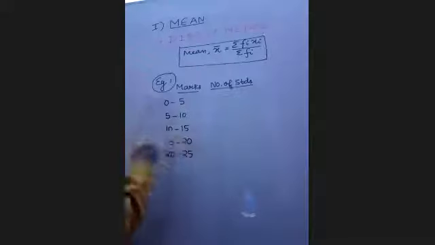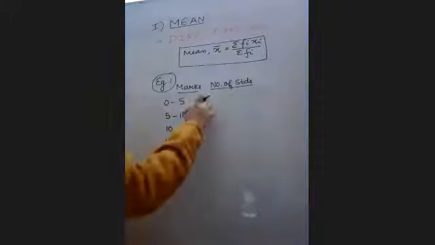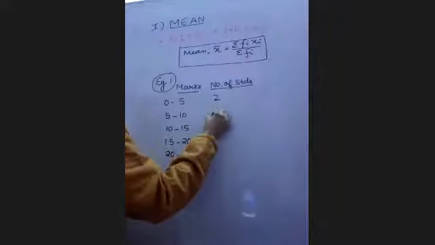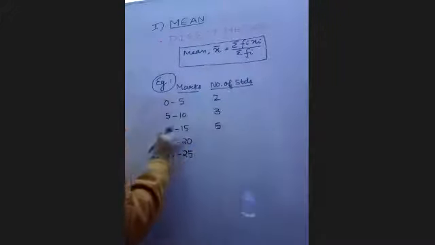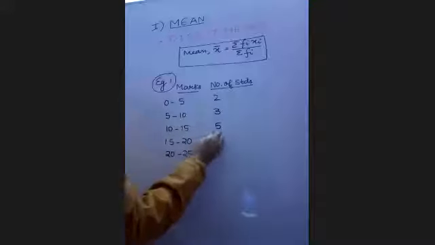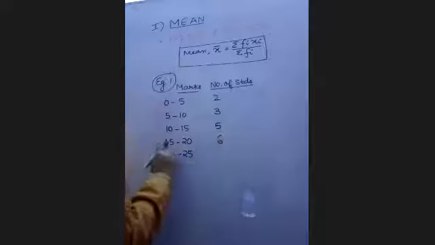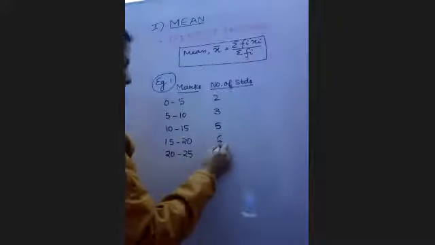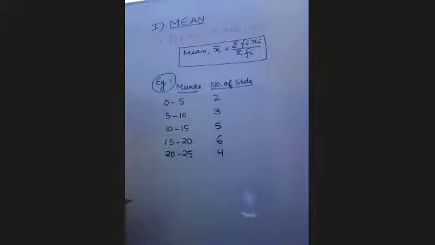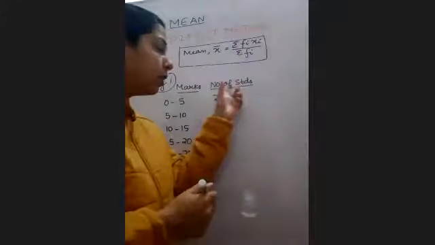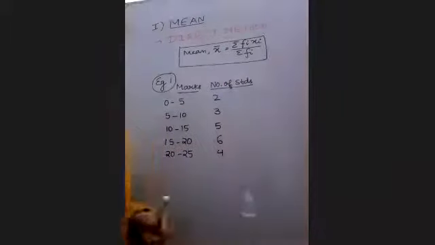Let us say there are 2 students scoring marks between 0 to 5, 3 students scoring between 5 to 10, 5 students scoring between 10 to 15, 6 students from 15 to 20, and 4 students scoring marks somewhere between 20 to 25. Right? Now, number of students is represented by which variable?